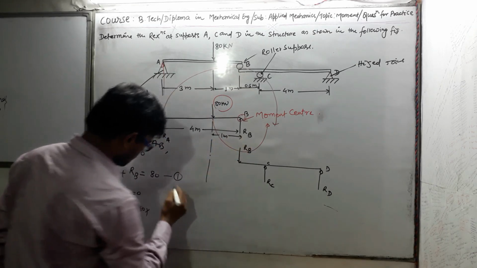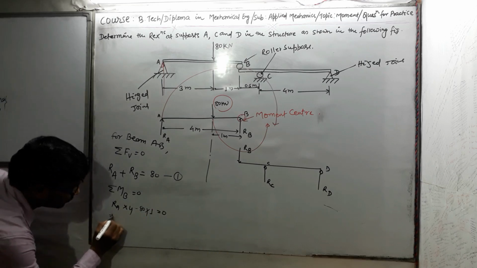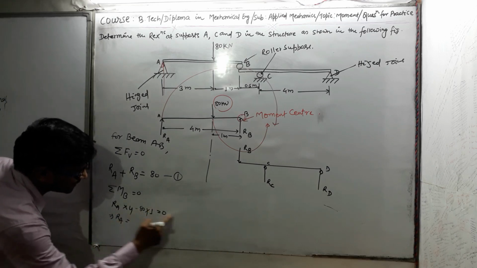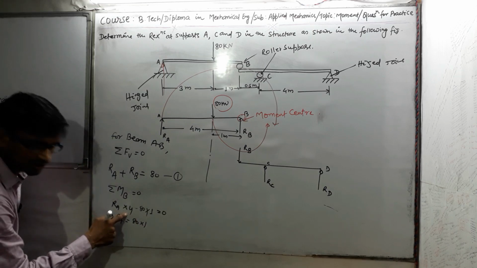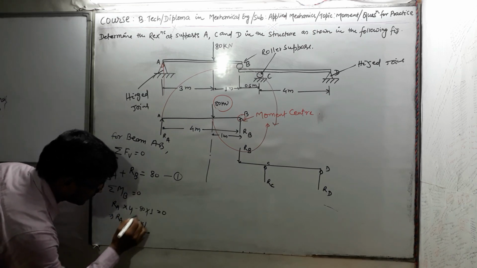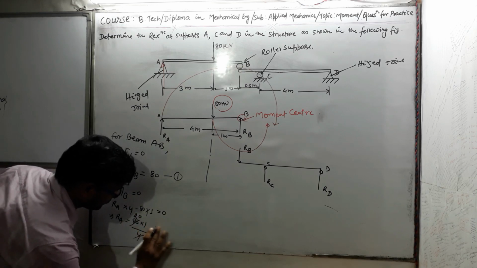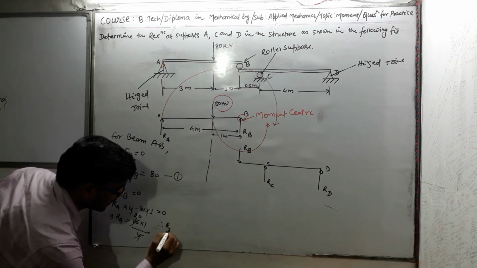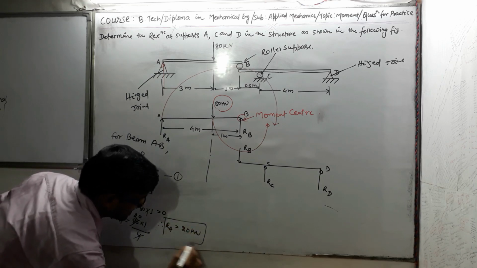So 80 multiplied by 1 equals 0. Transposing this value, RA equals 80 multiplied by 1 divided by 4, so 20. Therefore RA equals 20 kilonewton.